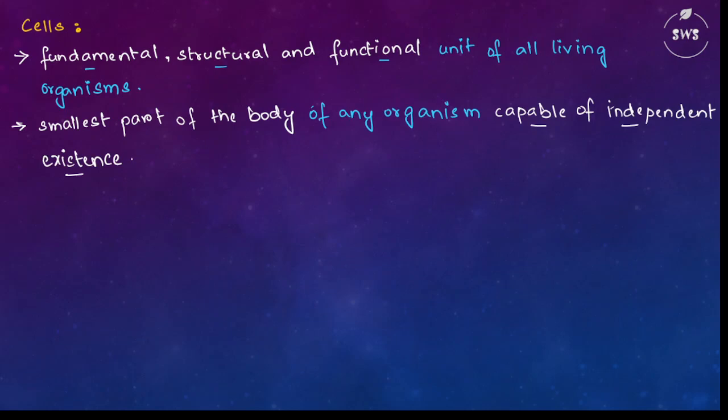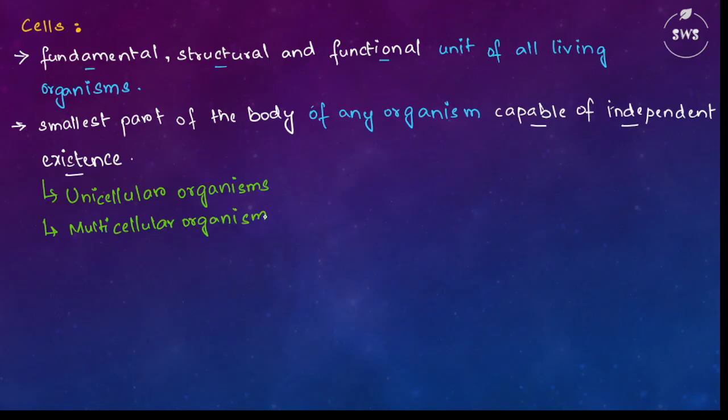If we talk about living organisms, there are two types based on the number of cells they are made up of: unicellular living organisms and multicellular living organisms.